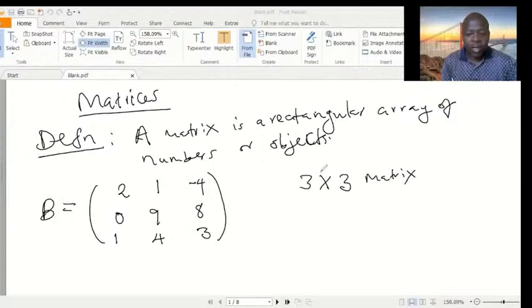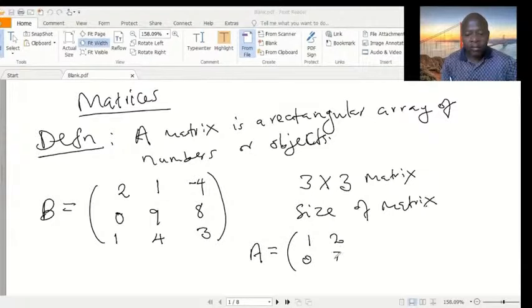So this is the size of the matrix. We give the size of the matrix by stating the number of rows, and then the number of columns. For instance, this matrix A, 1, 2, 0, 7. I can see 2 rows and 2 columns. So the size of this matrix is 2 by 2.